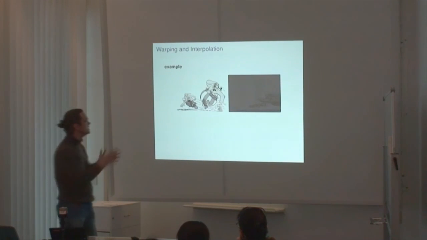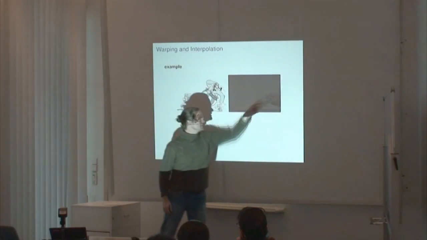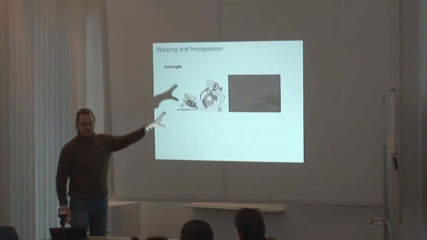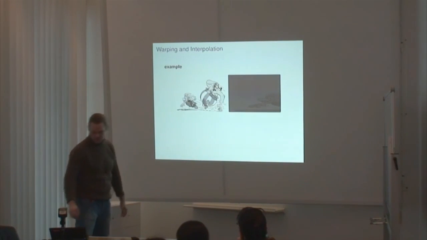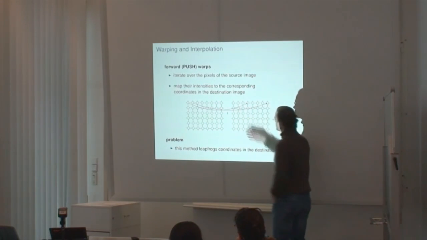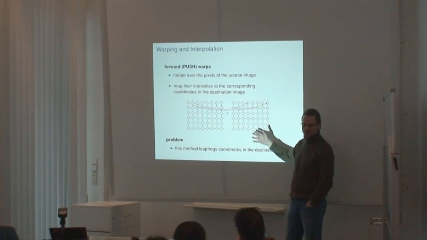Right? What we see here is basically a perceptual artifact, because we see the stretched image, the warped image, and it appears to be very dark. And this is because, for practical reasons, I originally initialized all these pixel values to 0.